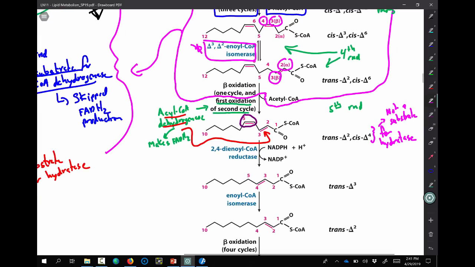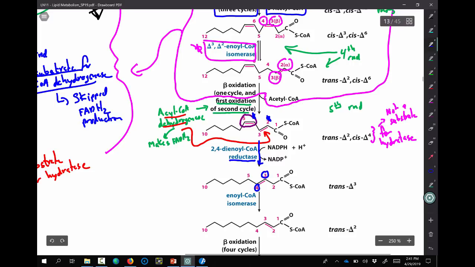So these two double bonds, the one between 2 and 3 and 4 and 5, are going to be combined into one by this reductase. Okay? And it's between now the 3rd and the 4th carbon.